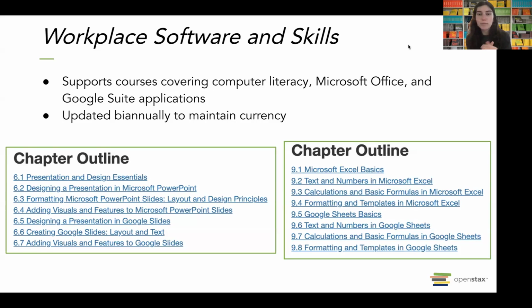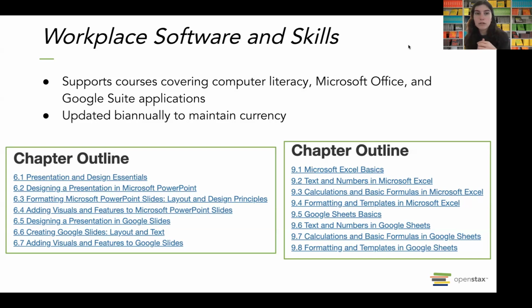So instructors can pick and choose the sections that they would like to teach with, depending on the applications that their course covers. Of course, there are not always equivalent applications. For instance, Microsoft Excel has a lot more advanced functions than Google Sheets does, and we make sure to note that in the book and then cover those more advanced functions in Excel.